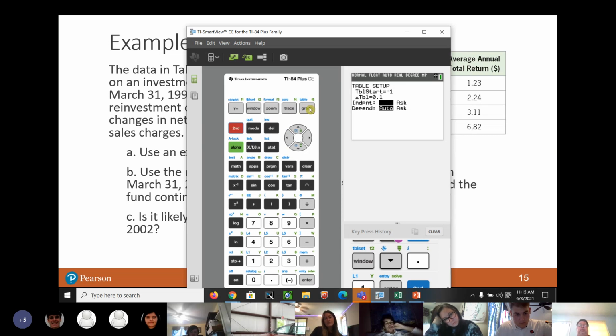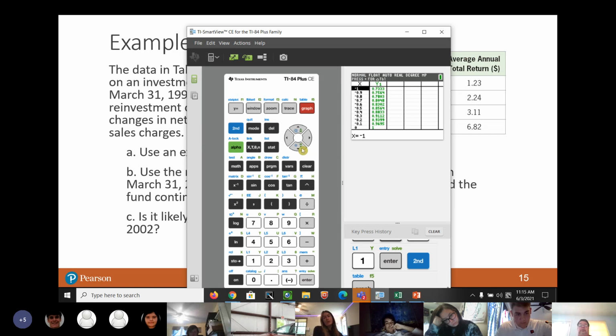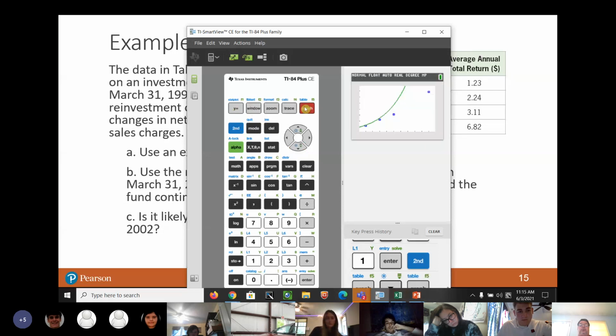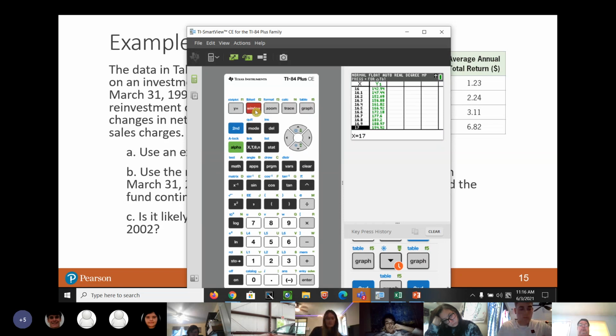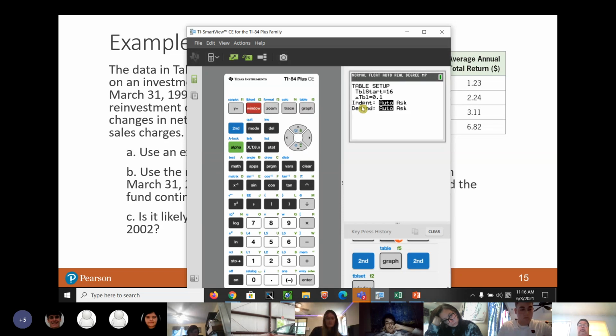And now second table. Yeah, that's going to be a mess because now it'll take forever for you to get to 1,000. There is a feature where you can hit value and do 1,000, but I don't know how to use it. You hit second table. No, second table set.